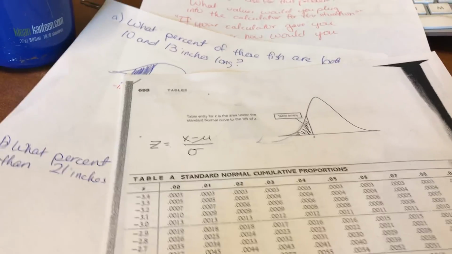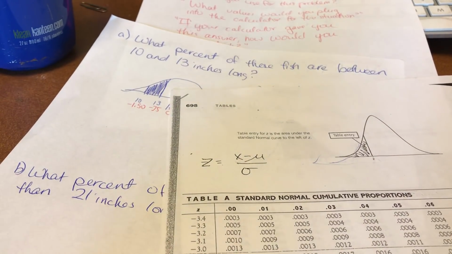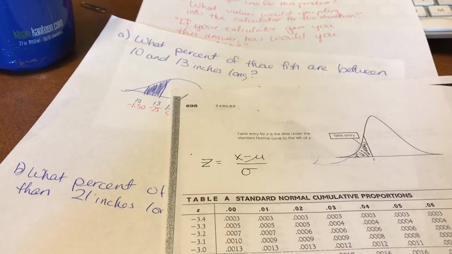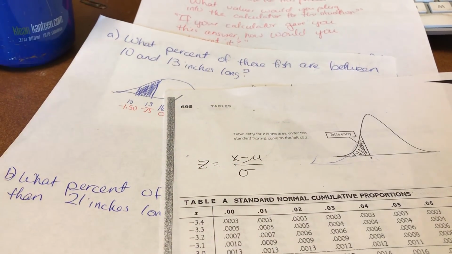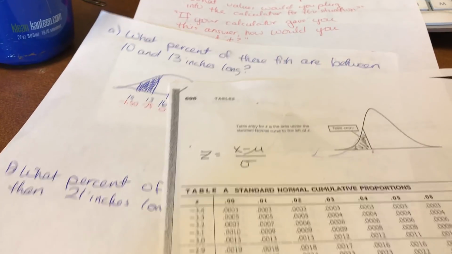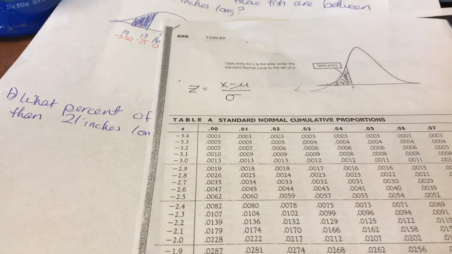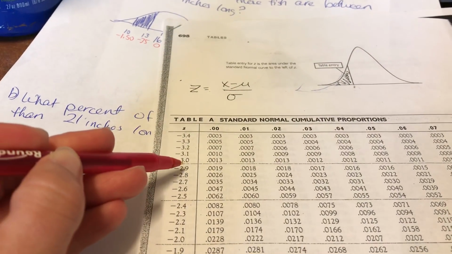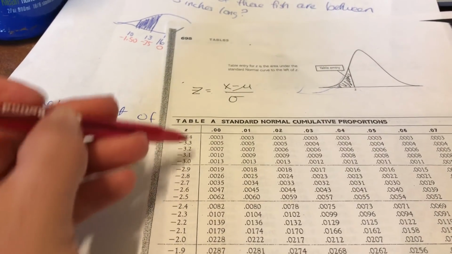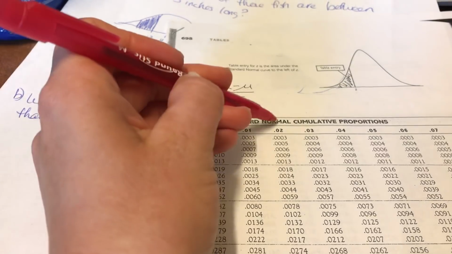So, I'm going to start by looking up the negative 0.75, the one that used to be 13. It doesn't matter which order you look it up in, but I'm just going to start there for reasons you'll see in a second. Now, here you're going to see our numbers are always one place after the decimal. Across the top is your second decimal place.